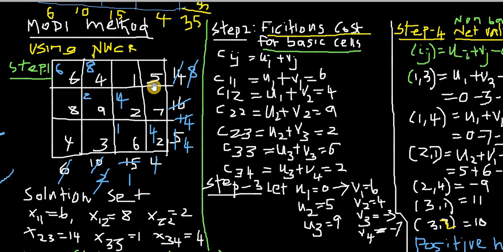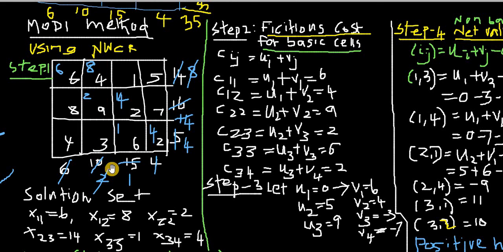Now the remaining cells are these, the leftover cells. Among these leftover cells, this is the northwest corner cell, so we have to assign it now. The total availability is 16 products here, but only 2 are required in the second destination.